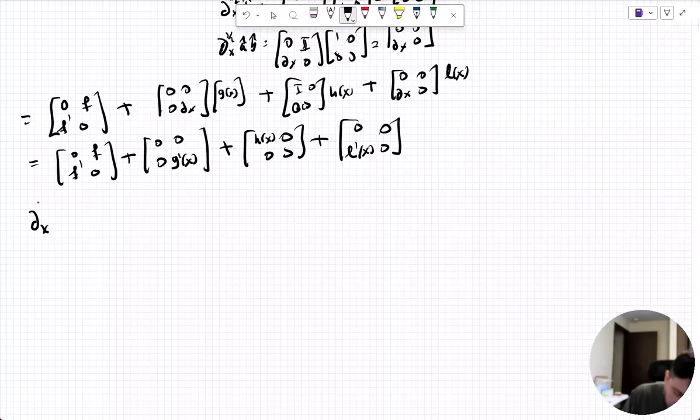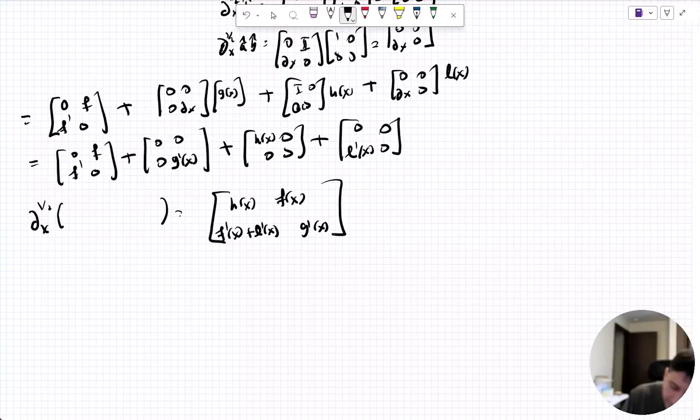The fractional derivative of a generic term is given by this matrix, basically. So h of x, f of x, right, f prime of x plus L prime of x, and then g prime of x, basically.